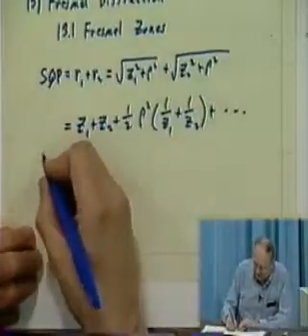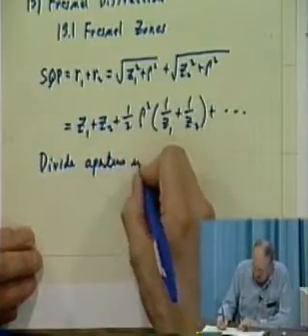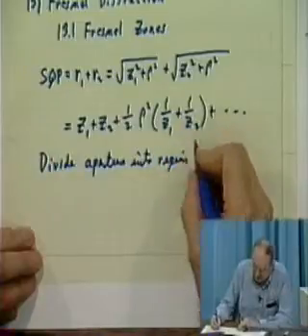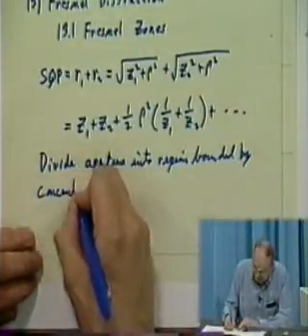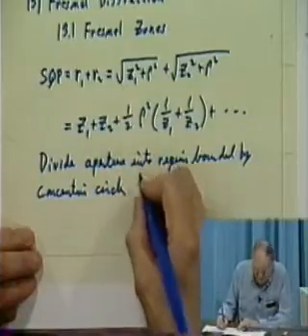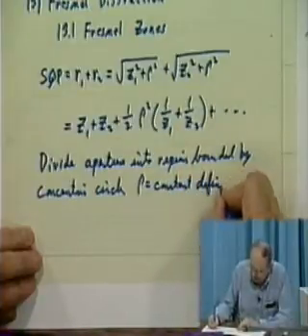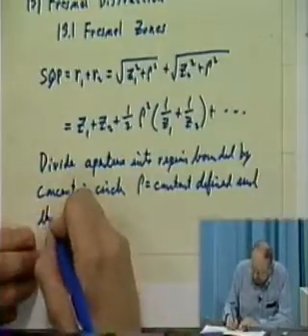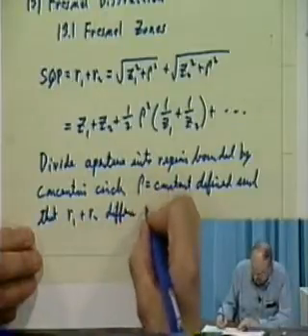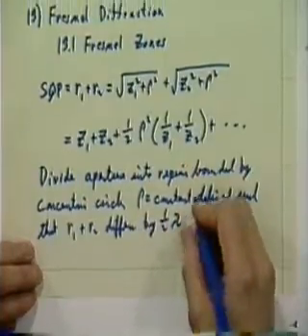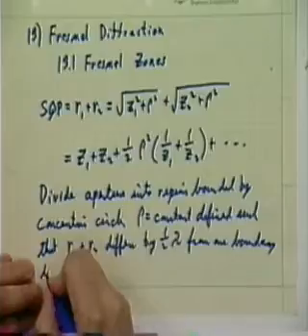And so I'll write this down. Divide the aperture into regions bounded by concentric circles where rho is equal to a constant, but defined such that R1 plus R2 differs by 1/2 wavelength from one boundary to the next.